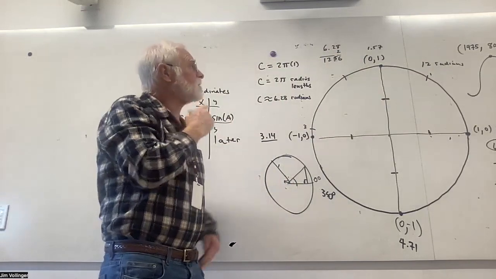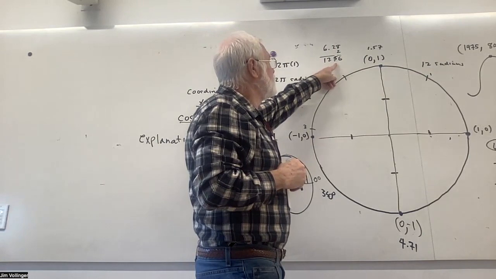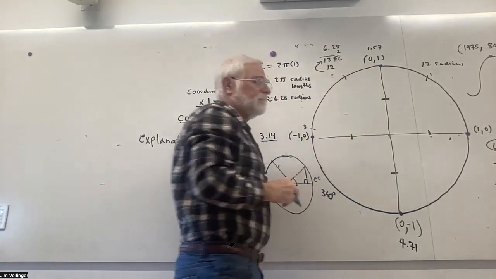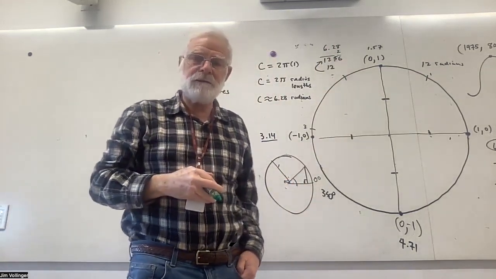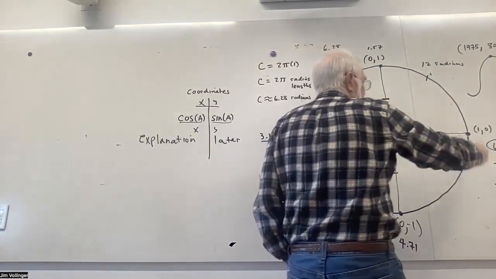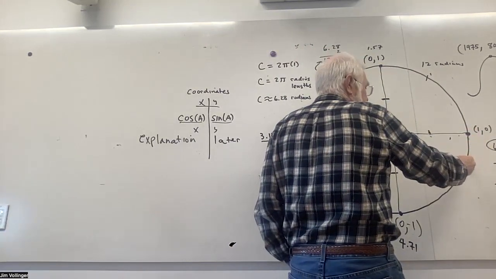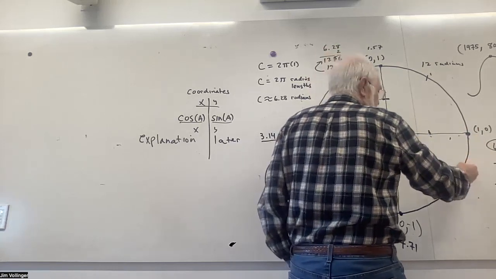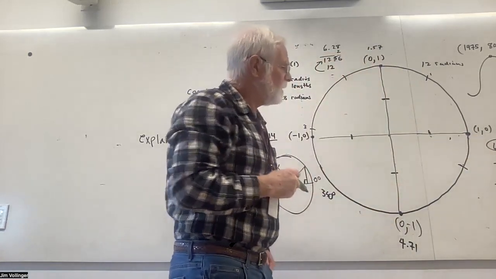Well, how far is 12 from 12.56? 0.56 units, a little more than half a radius length. So I go around 6.28, 12.56, and I come back about half of a radius length. All right, now I've lost track of where I am up there. 0.56, maybe a little bit more.